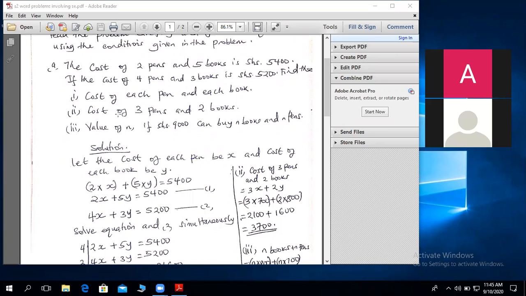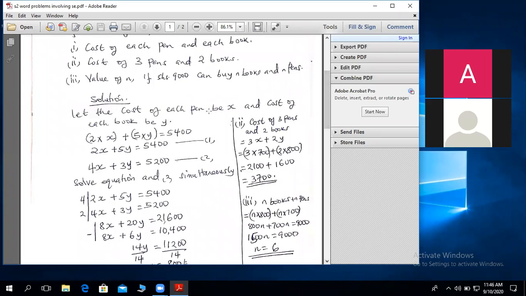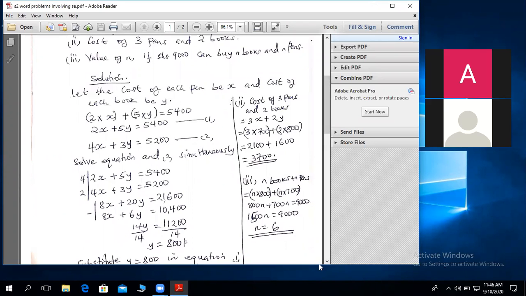Find the cost of 3 pens and 2 books. This is very simple. You have already found that the cost of a pen, which is x, is 700, and the cost of a book is 800.